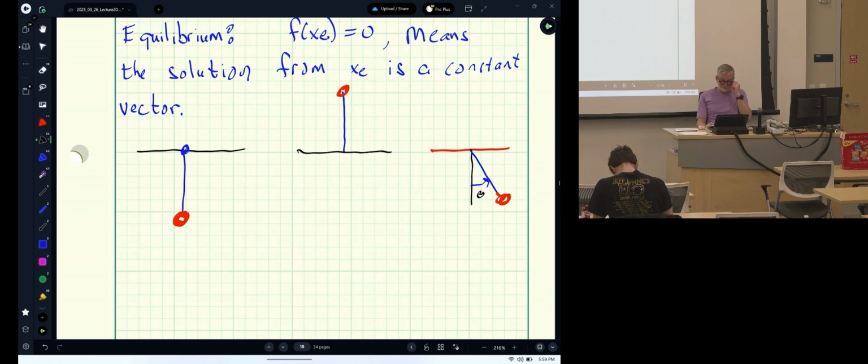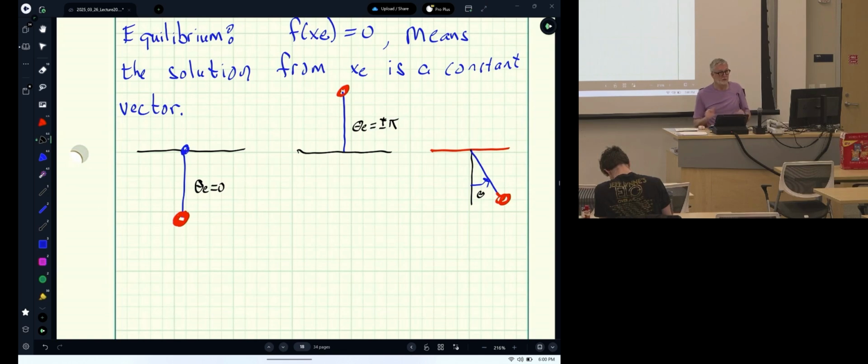Here's a pendulum. We'll measure theta from the vertical in the downward position. So this is theta_e equals 0. This is theta_e equals plus or minus pi in the upward position.